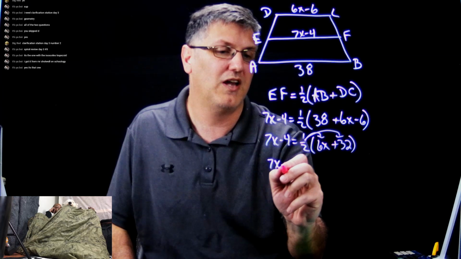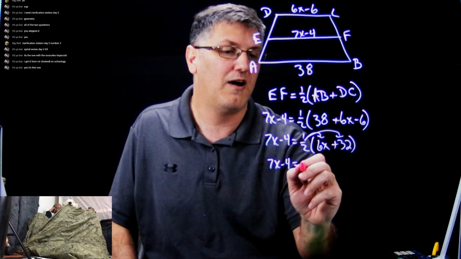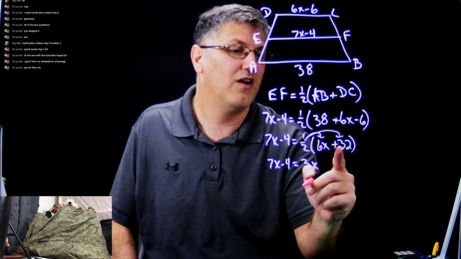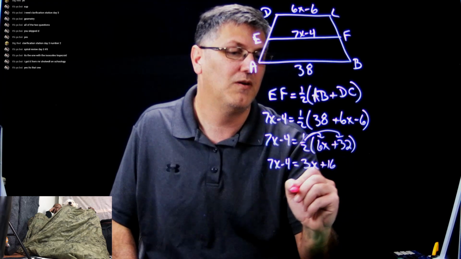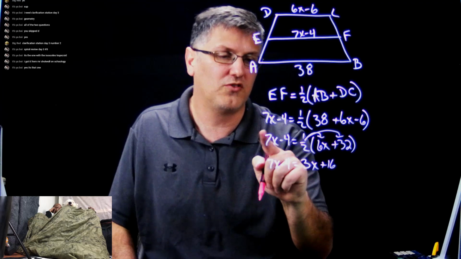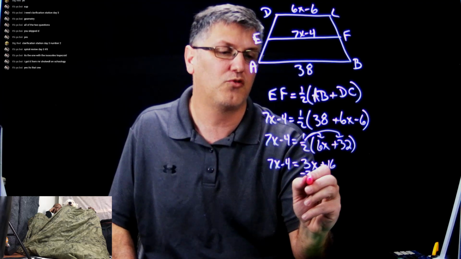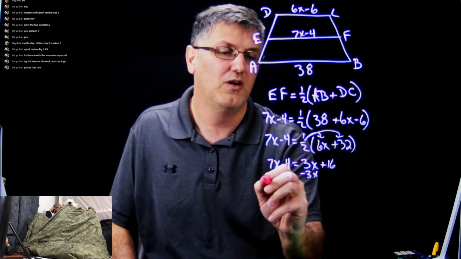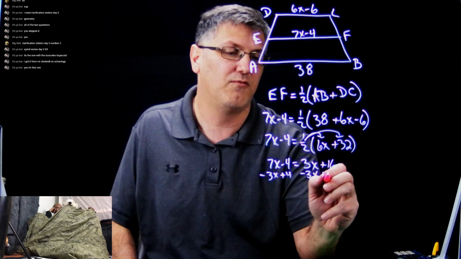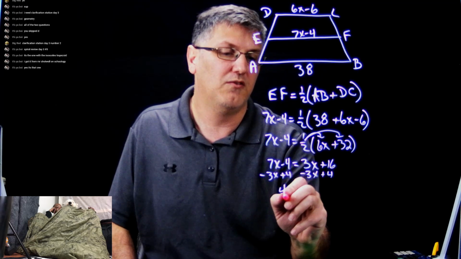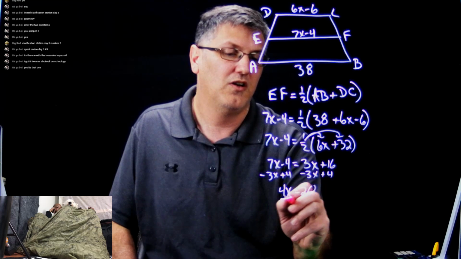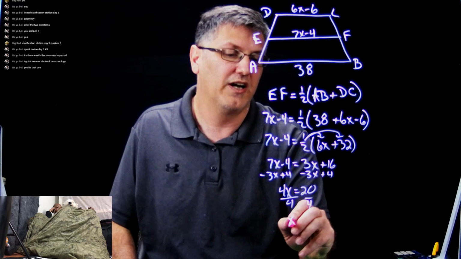So I now have 7x minus 4 equals, well, half of 6 is 3x, and half of 32 is 16. I'm going to put all my x's on one side and all my constants on the other, so I subtract 3x and add 4. This gives me 4x equals 20. Divide by 4. X equals 5.